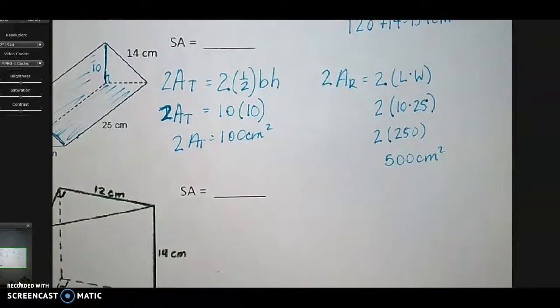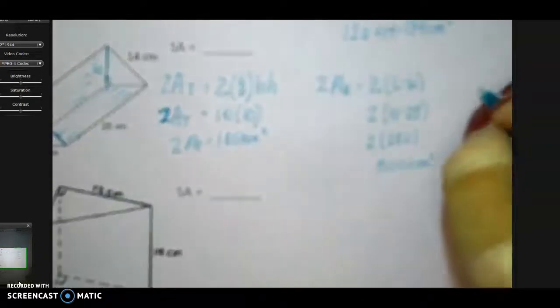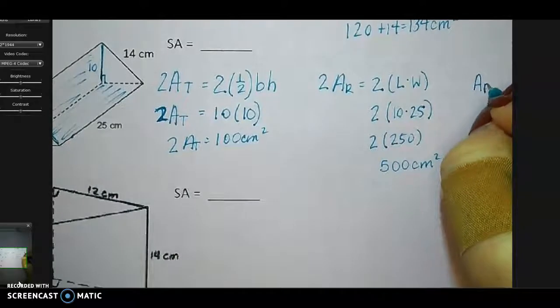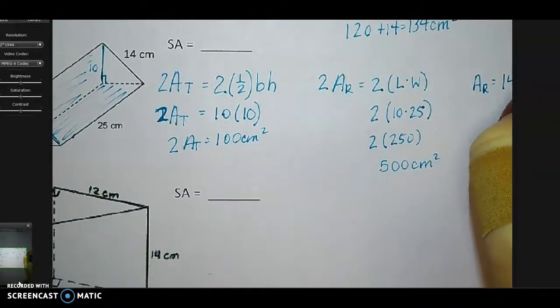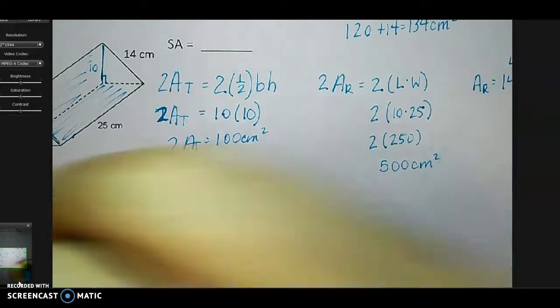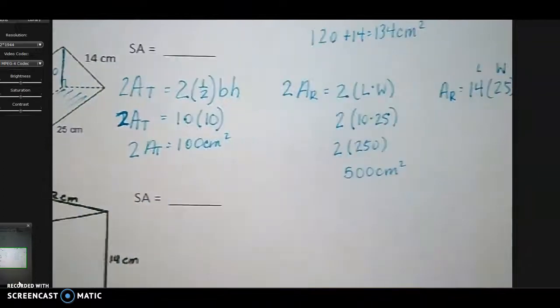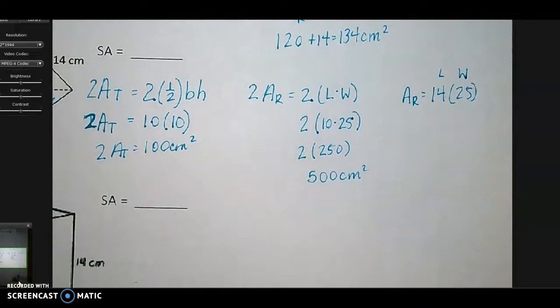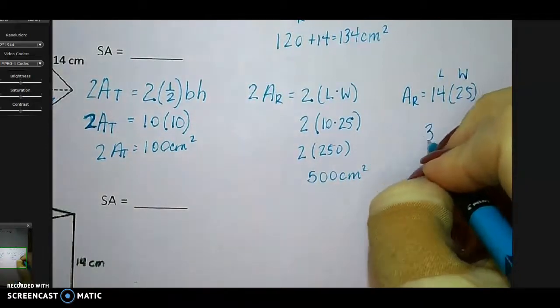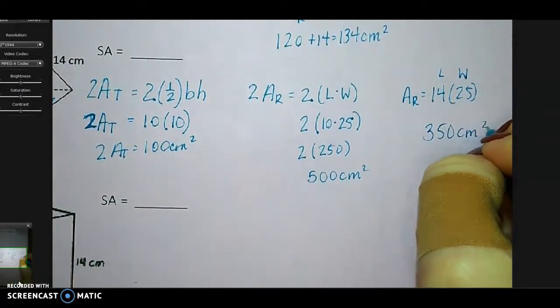Now that last rectangle, that big one on the top, there's just the one. So the area of that rectangle is going to be 14 times 25, the length times the width or height of the figure in this case. So 14 times 25 is 350 centimeters squared.